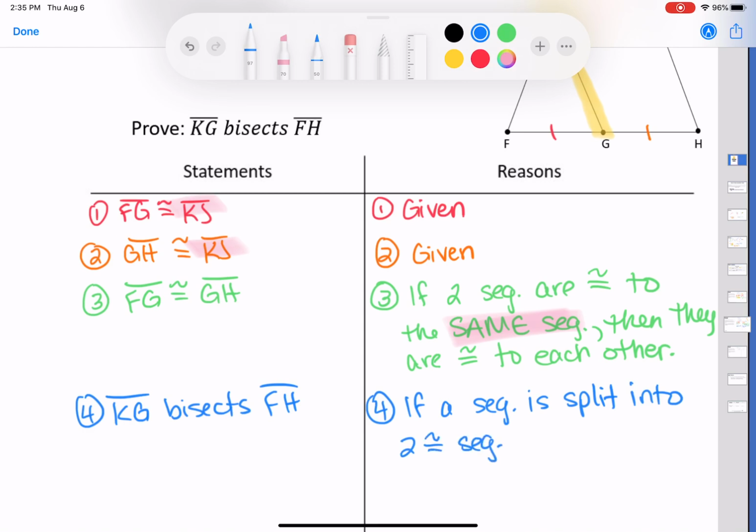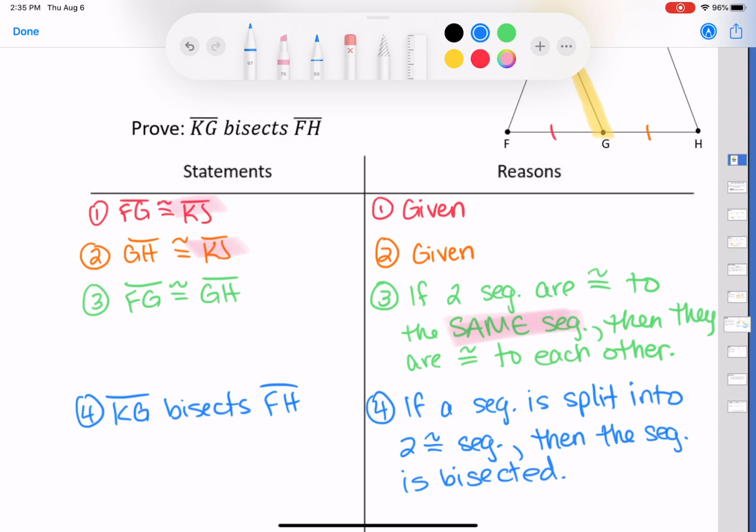So the two congruent segments is what came before this one, right? Then the segment is bisected. The bisect part is what I'm saying in this step. So that's the then part of the if and the then. So if is what came before, the two congruent parts. Then is what I'm saying right now, that it is being bisected.